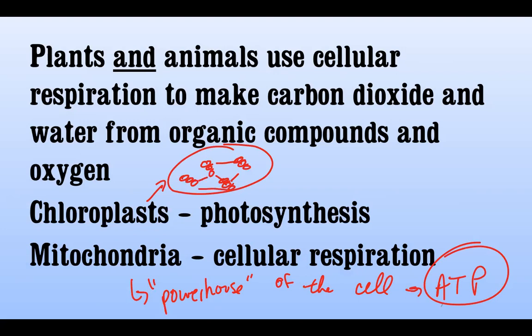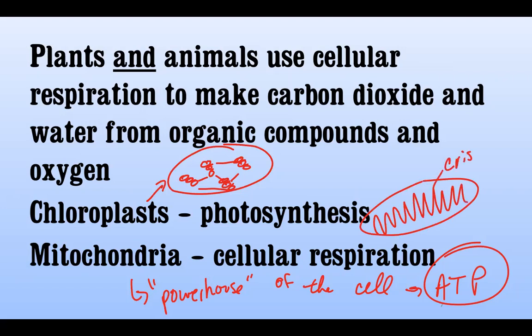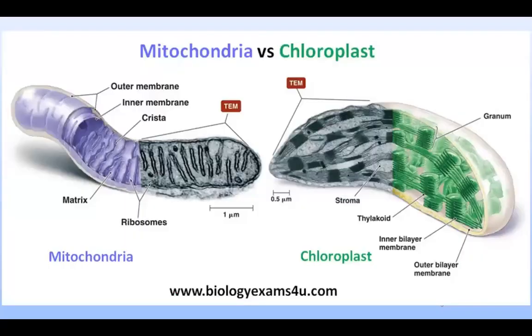We're going to see the same thing with mitochondria. We have a double membraned organelle, and we've got this inner membrane called the cristae, this folded inner membrane, and that's where electron transport is going to occur. Yes, cellular respiration also has electron transport, just like photosynthesis does.